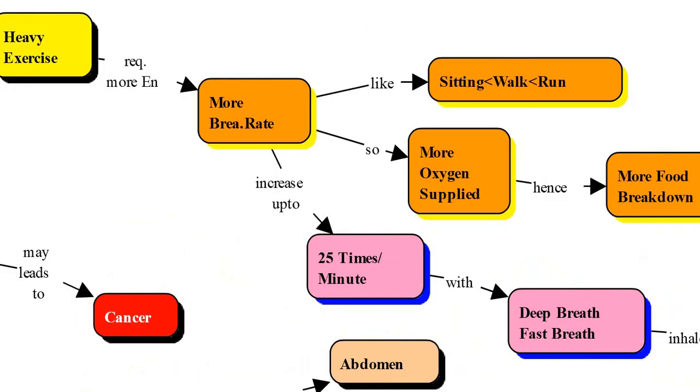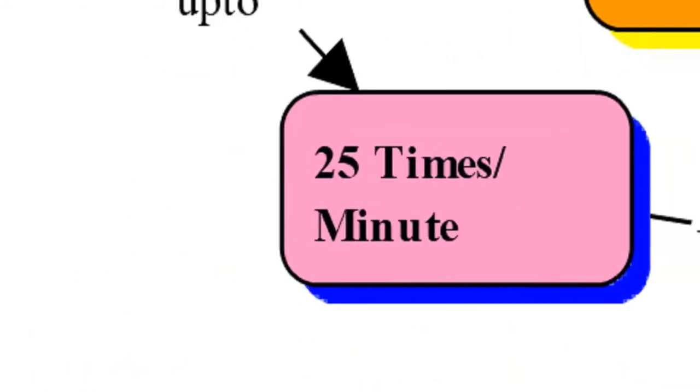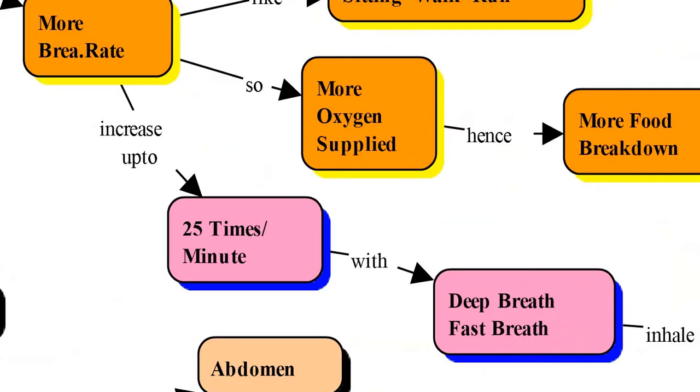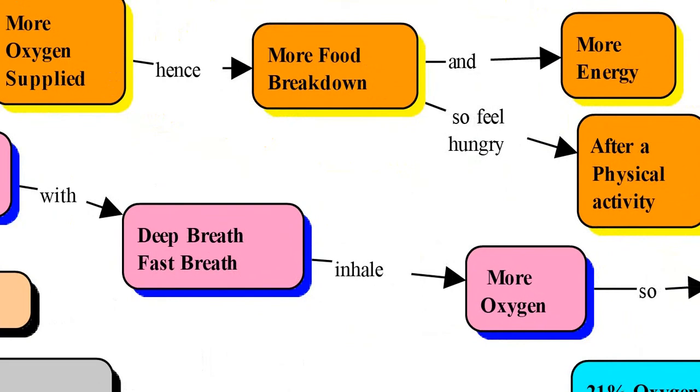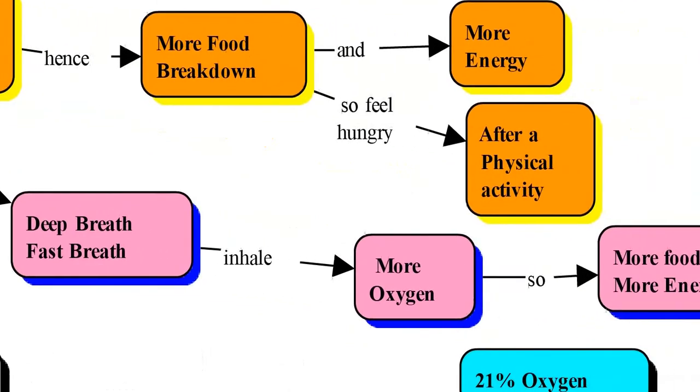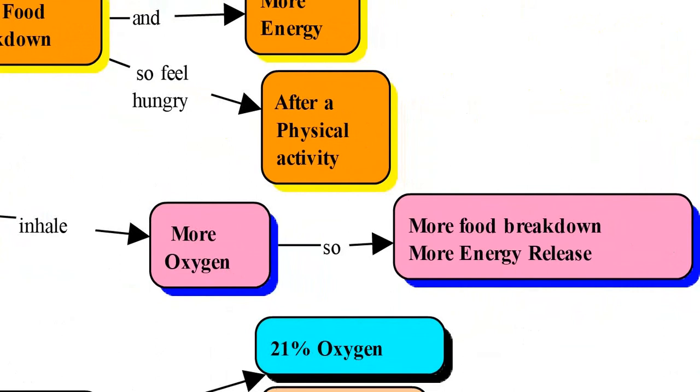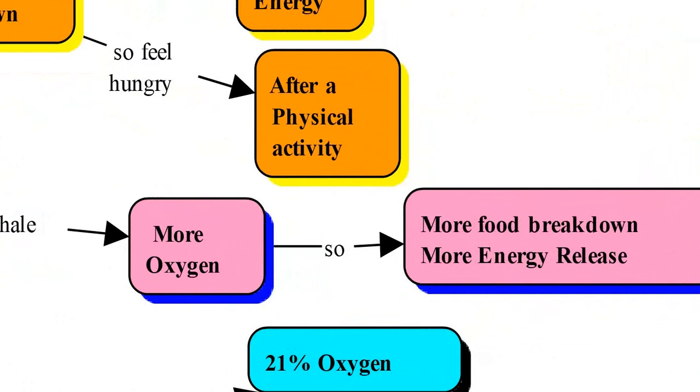For heavy exercises, we require more energy, more breathing rate. Breathing rate increases up to 25 times per minute with deep breathing and fast breathing. Deep and fast breathing inhale more oxygen, so more food breaks down and more energy is released to support the high energy demands.